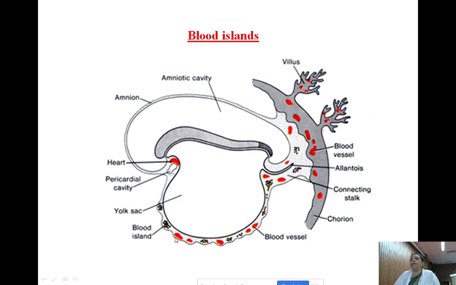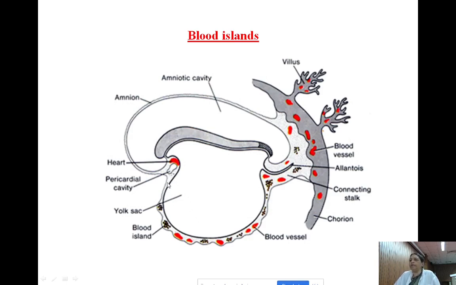The hemangioblasts form the blood islands, from where the blood lacunae are formed.